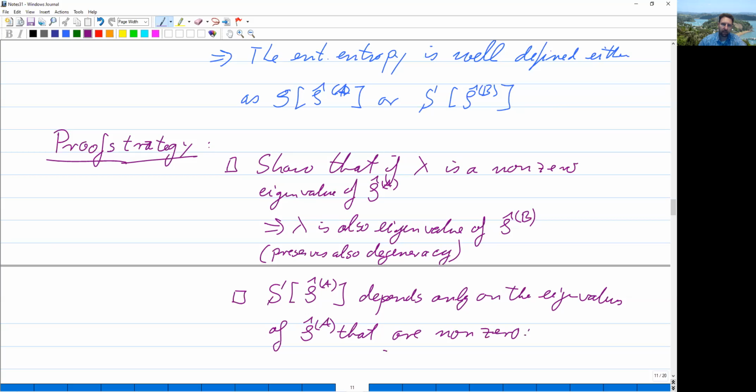Remember that the von Neumann entropy of a density matrix such as rho A is, in the eigenbasis, minus the sum over n of rho n ln rho n, where the rho n are the eigenvalues, and whenever an eigenvalue is zero, it's not going to contribute to the entropy.